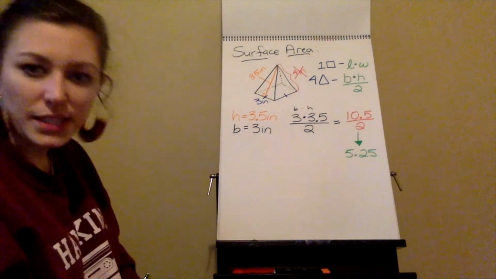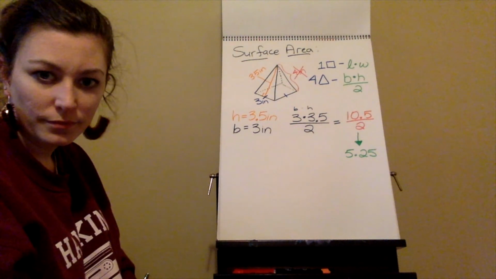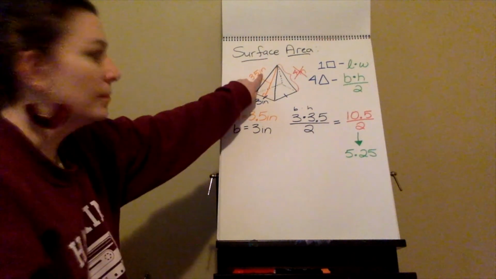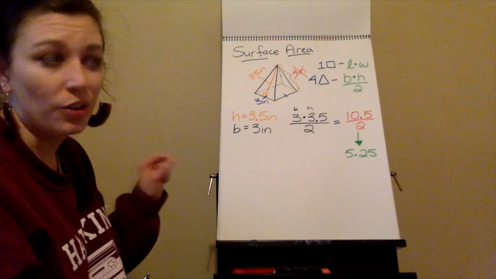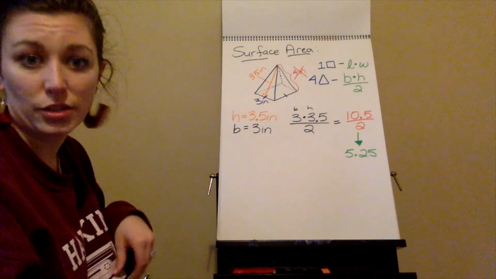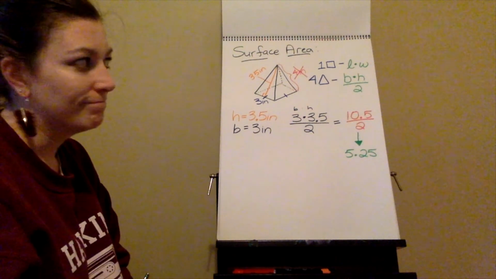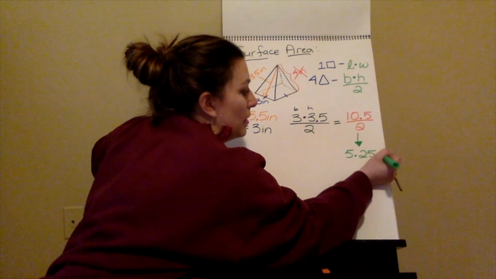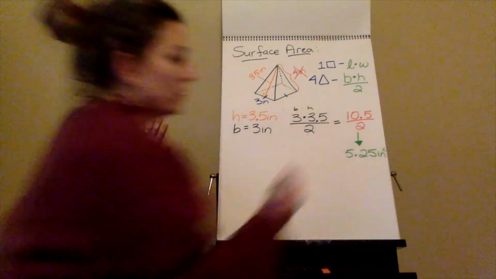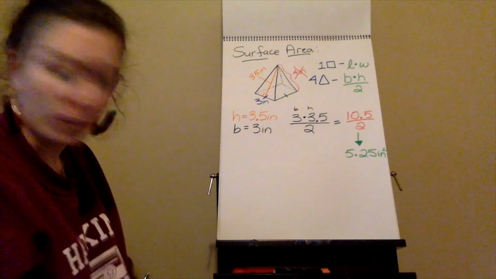What are our units here? Inches, and if we found area, is it inches squared, inches cubed, or just inches? Should be inches squared. Are we done? We found the area of the triangle.